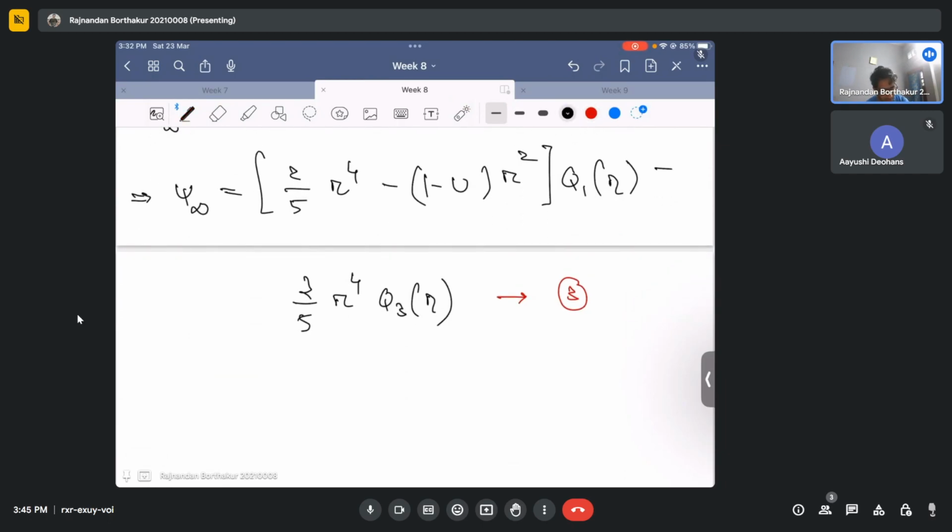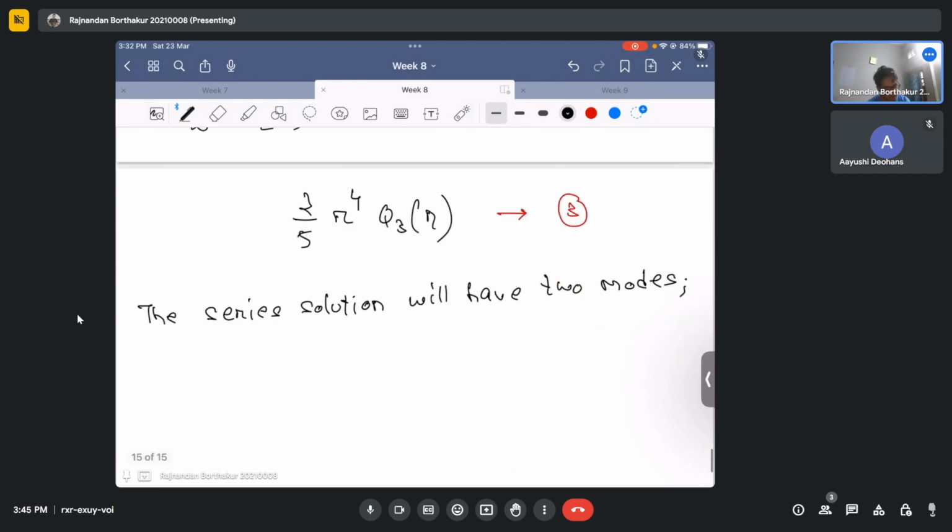That's something that I will write. The series solution will have two modes. So the individual values of n are known as modes. Okay, so I think you guys know about this. So the series solution will have two modes, and what are these modes?